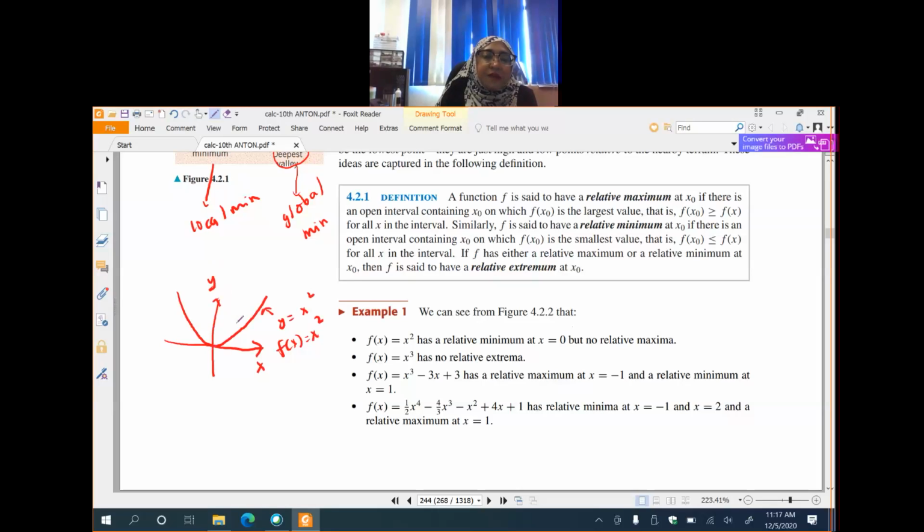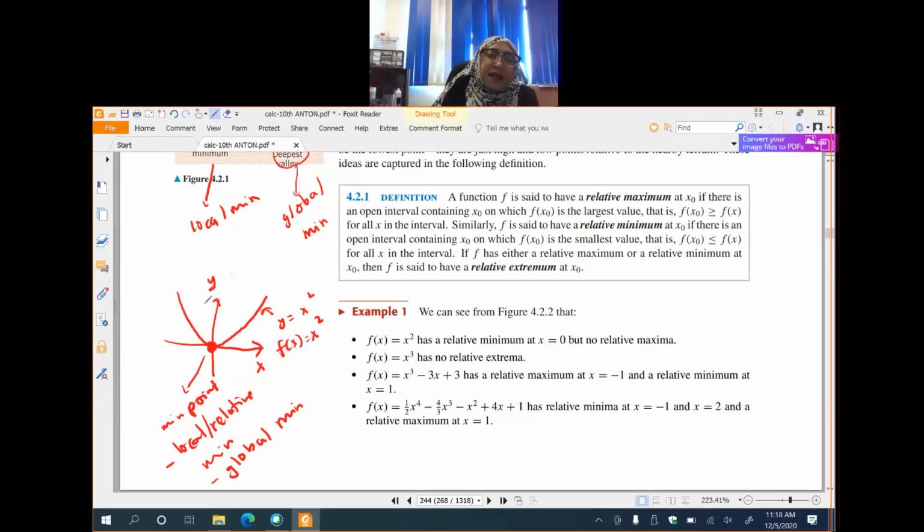There's only one minimum point, and this is the only minimum point. It's a local or relative minimum, as well as global minimum, because it's the only point.